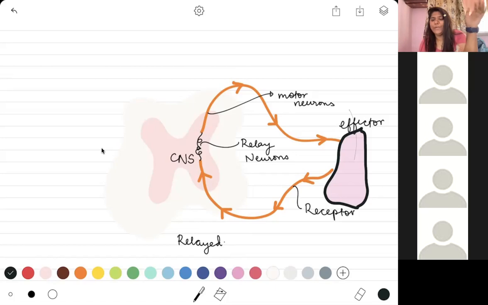To remember this more easily: there is a receptor organ, then receptor neurons, then the spinal cord, then motor neurons and the effector organ, and they all sit together like this, making an arc shape. Can you see the arc shape of my hand? This is exactly why this particular assembly is called your reflex arc.